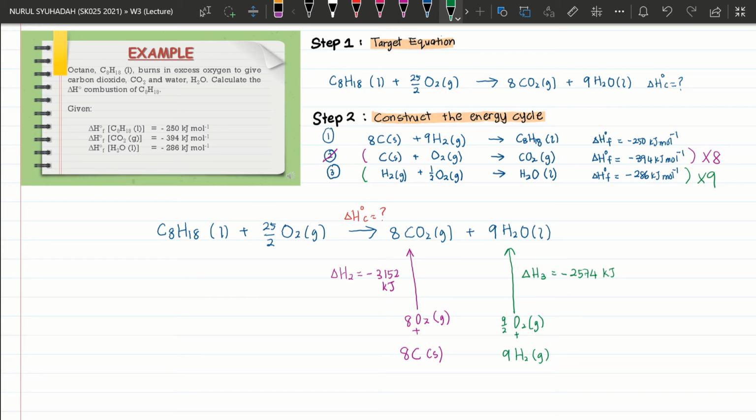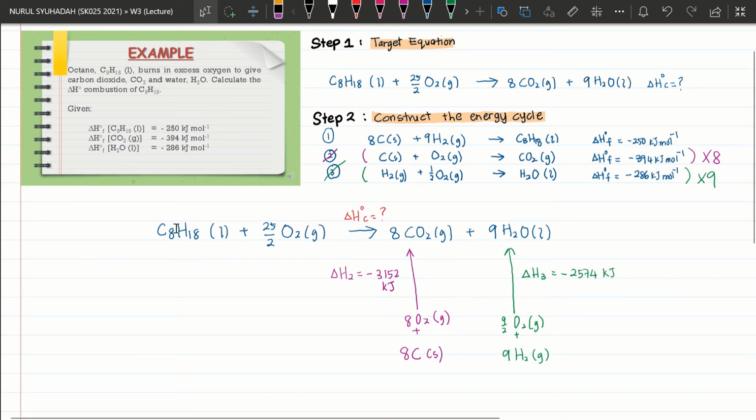Now after finishing the equation over here, the one that we haven't done yet is only our octane.